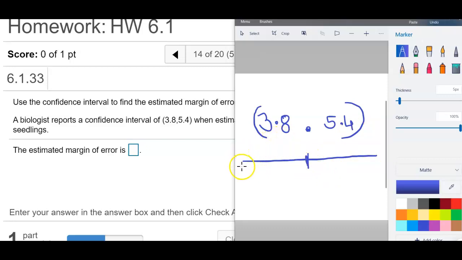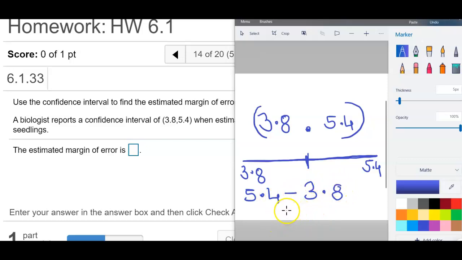So how do I find this distance? This is my 3.8 and this is my 5.4. How do you think I can find this distance? You simply subtract 5.4 minus 3.8.